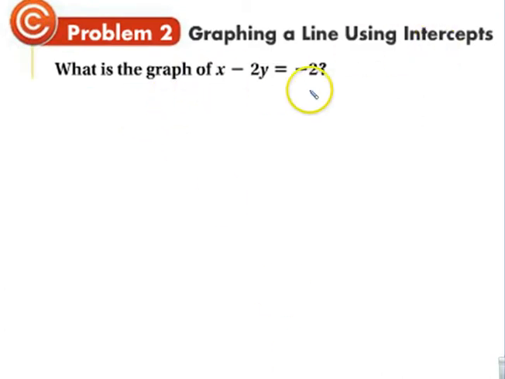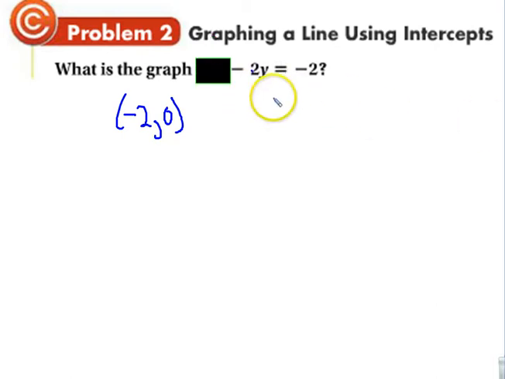Using the intercepts. First thing we're going to do is cover over the y, and that's going to tell us the x-intercept. Then we're going to cover over the x, and we're going to find the y-intercept.